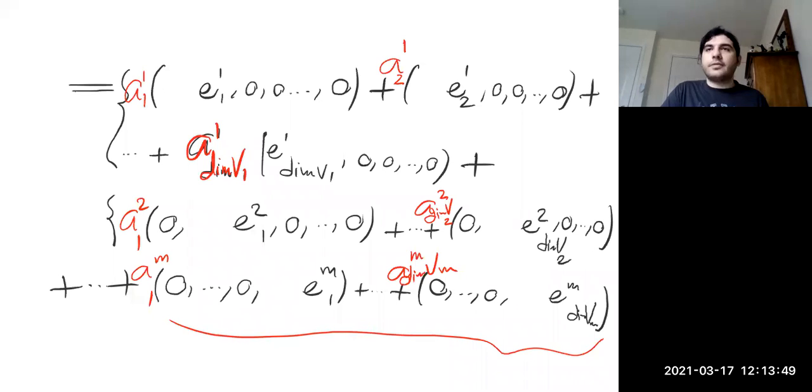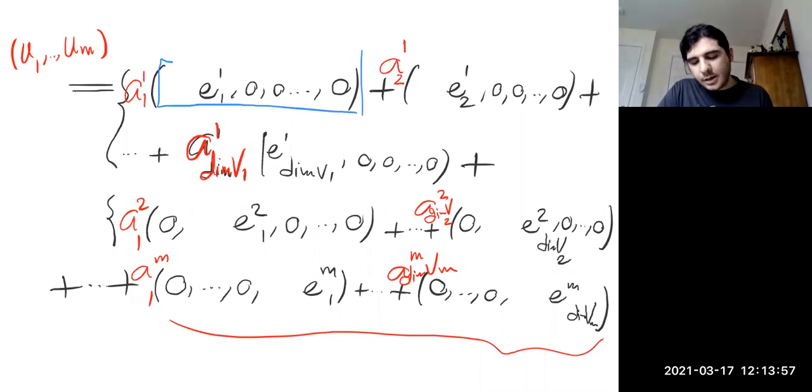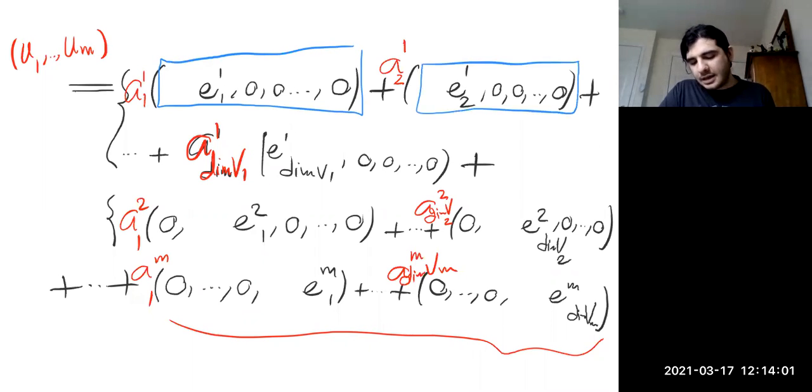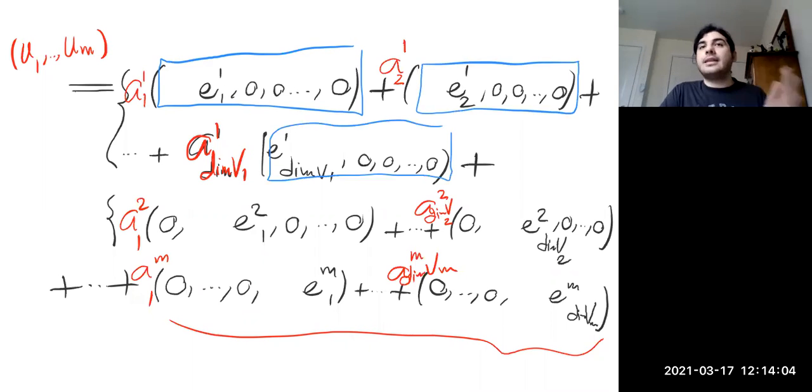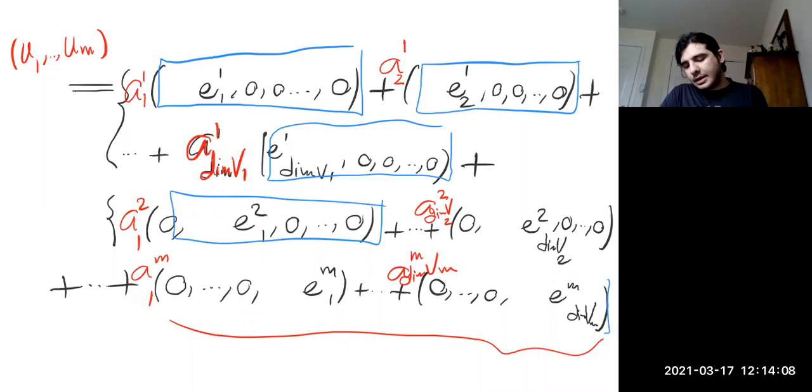They are from the field. So our vector, the vector we started with, u1 up to um, is written as a linear combination of these vectors: e11, 0, 0, 0, e12, 0, 0, 0, up to e1 dimension v1, 0, 0, 0, and then 0, e21, 0, and so on, up till the last one.